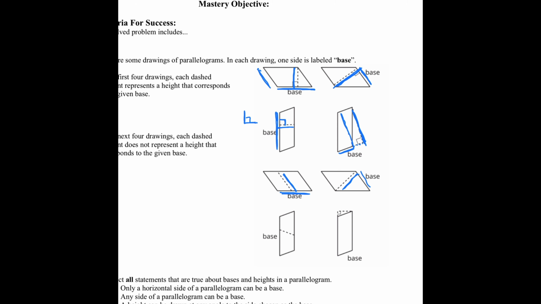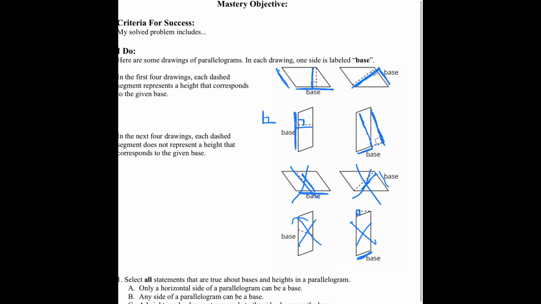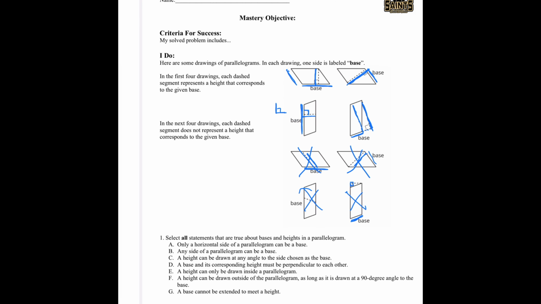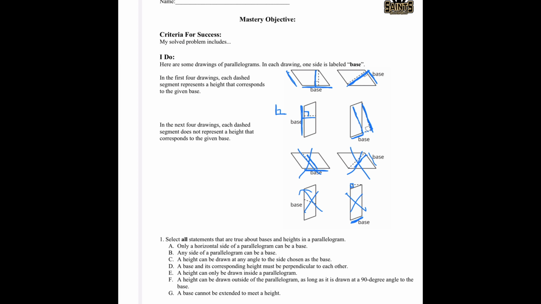That is not perpendicular, and not perpendicular. Even though it has this, if this is the base, then that is not perpendicular to it. Okay, so we know none of these, so we know it's just these first 4. You need to make sure to explain why different ones are incorrect and why they're correct. The emphasis being 90 degrees from the base.